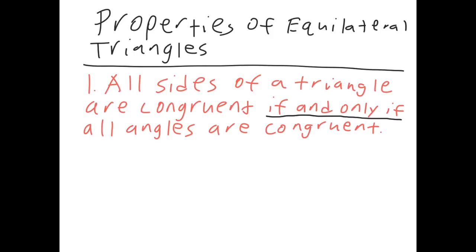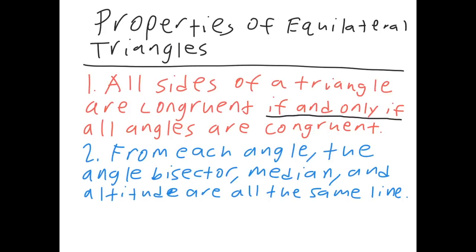But you can also read it backwards. If all the angles of a triangle are congruent, then all the sides of a triangle are congruent. So if you ever see if and only if, it works both forwards and backwards. It's a phrase that mathematicians use to show that it goes both ways.